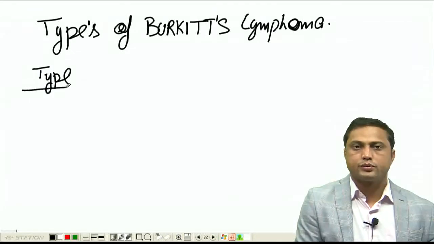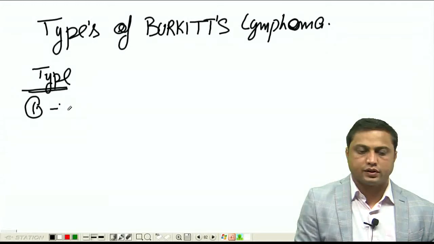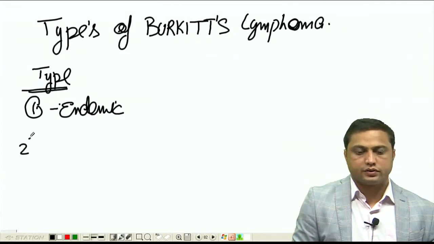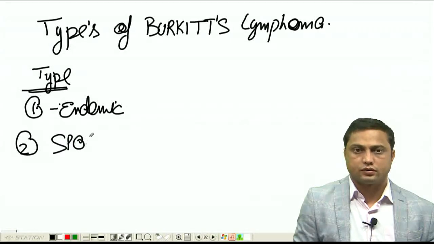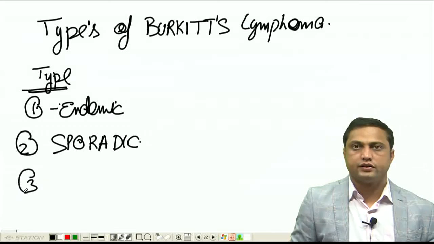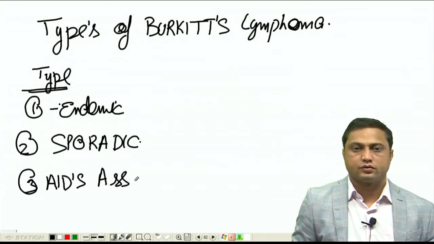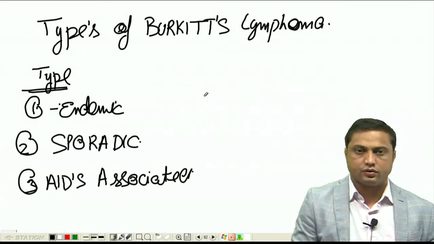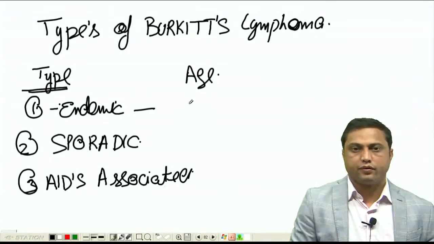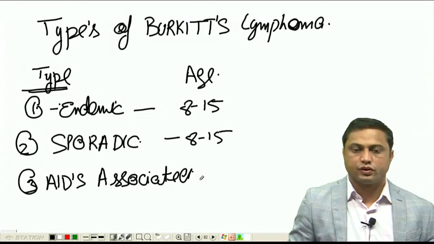There are basically three types: endemic, sporadic, and AIDS associated. Endemic occurs between ages 8 to 15 years. Sporadic also occurs between ages 8 to 15 years.